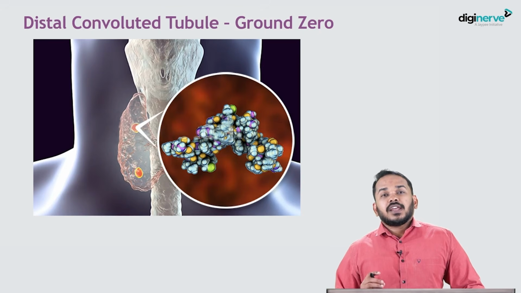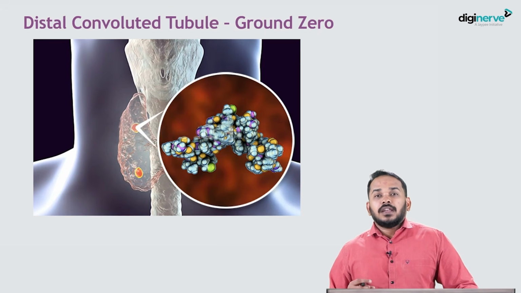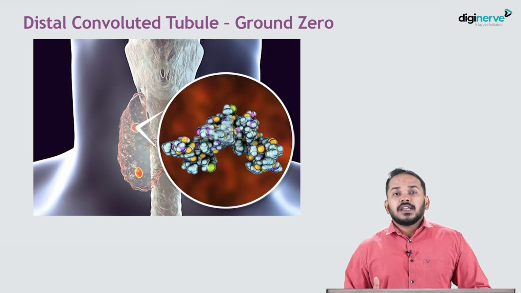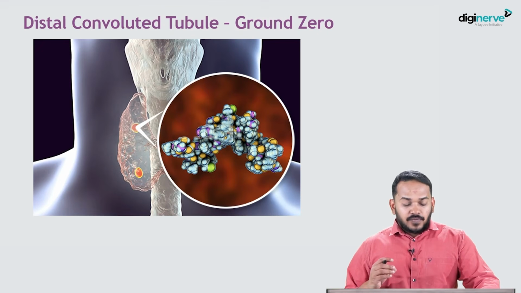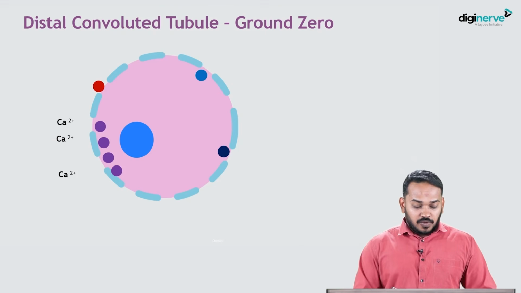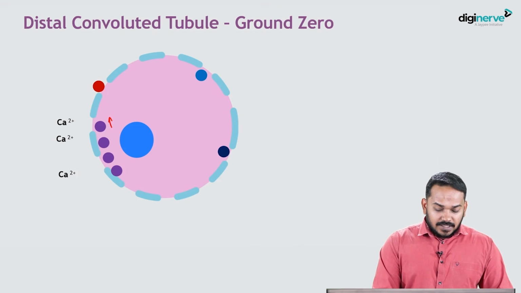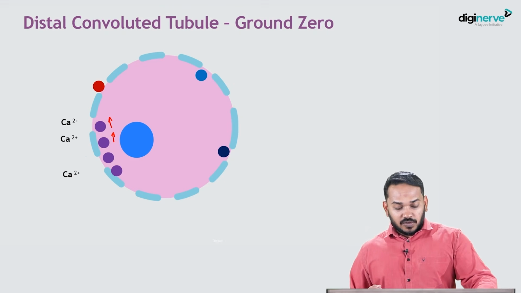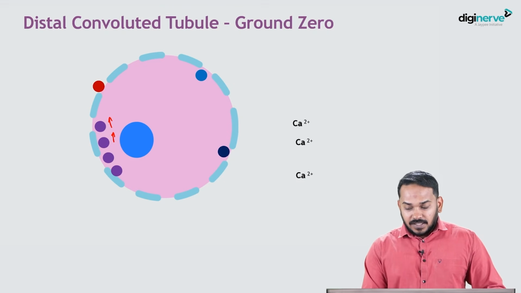Parathormone is a hormone secreted by the parathyroid gland and it increases the reabsorption of calcium from the distal convoluted tubular cells. When parathormone is released, it will increase the number of calcium channels present in the distal convoluted tubular cells. So that will result in increased reabsorption of calcium.